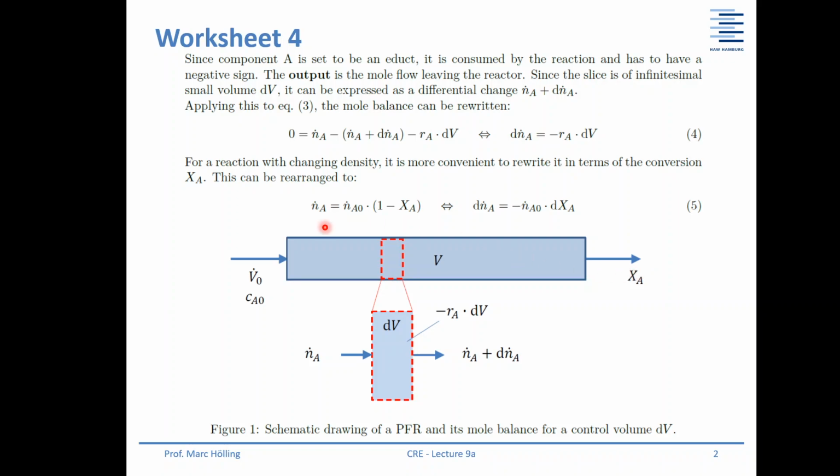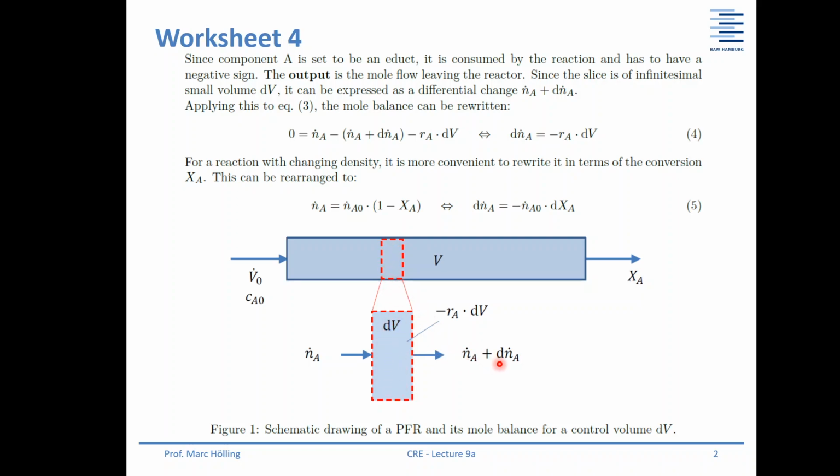If you now want to calculate what's happening inside this plug flow reactor, you can take a very small slice. We say this should be infinitesimal, so it just has the volume dV. You have a mole flow of component A entering, and a reaction taking place inside this very small slice of our plug flow reactor.